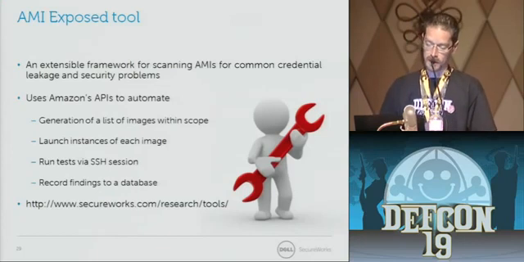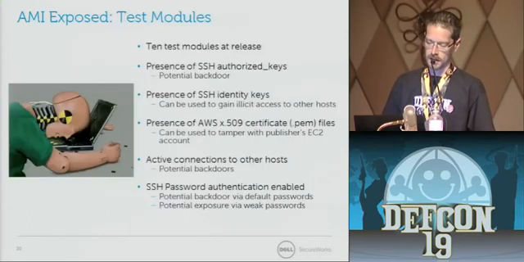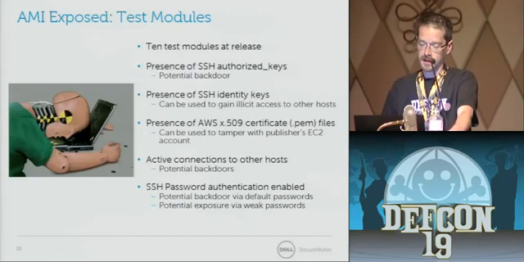The tool is released on our website, secureworks.com/research/tools. There's currently a little bit of a problem with the file that we're going to get corrected probably Monday morning. So if you have any trouble downloading it in the meantime, I apologize for that. As I said, there are several test modules included at release, 10 to be precise.